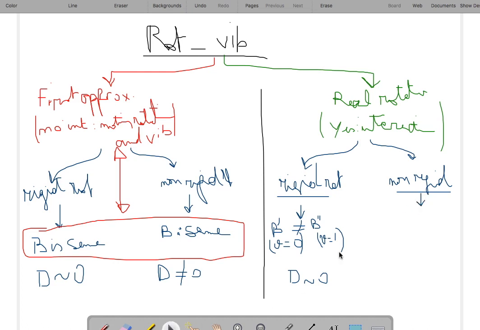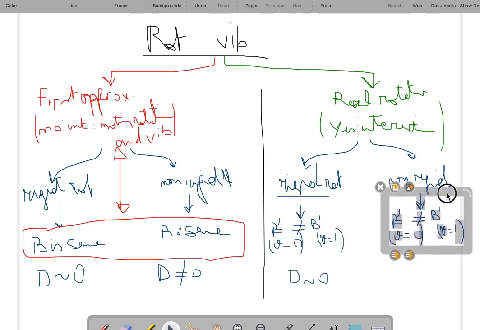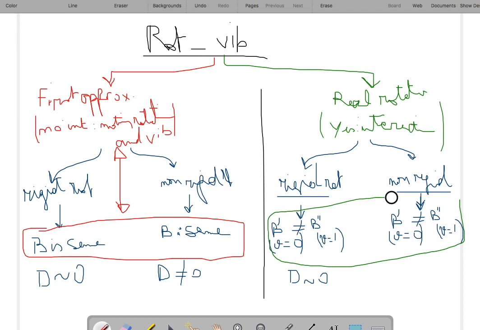So let me just copy that instead of wasting my time writing it again. Voilà. So even in the non-rigid case here, B is still different. Why? Again, because of the fact that there is interaction.